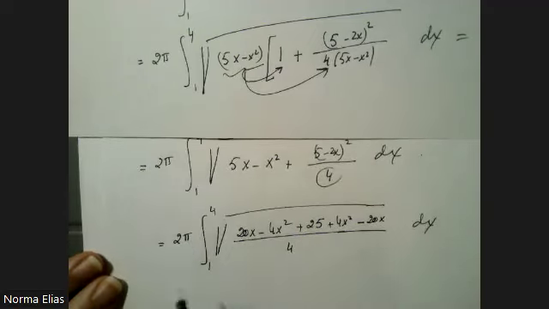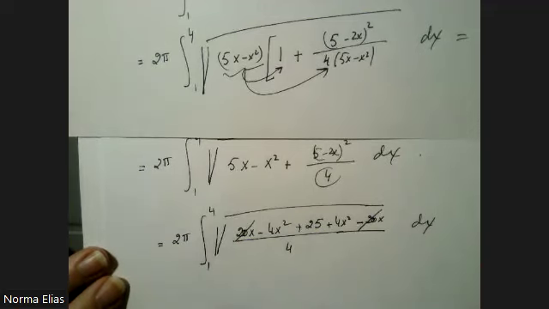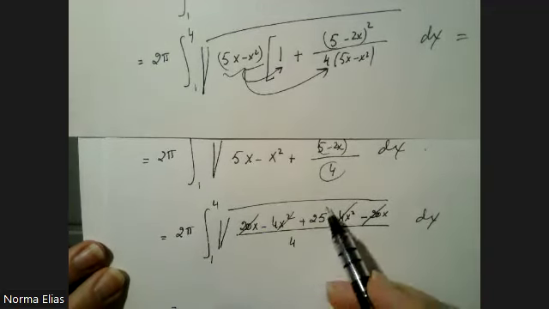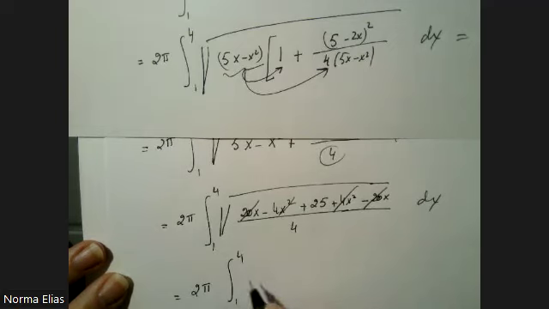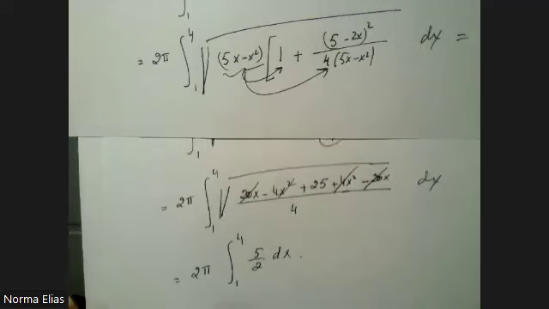And the magic is happening. I don't know how they found those problems. 20 minus 20 cancel each other out. Minus 4 plus 4 cancel each other out. Square root of 25 over 4 is 5 halves. So this will give me 2 pi times the integral from 1 to 4 of 5 halves dx.